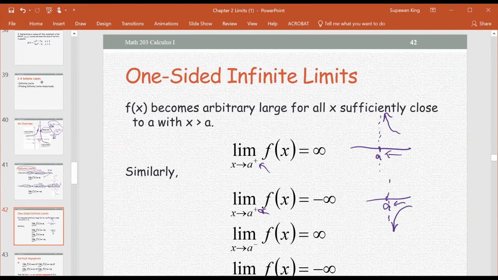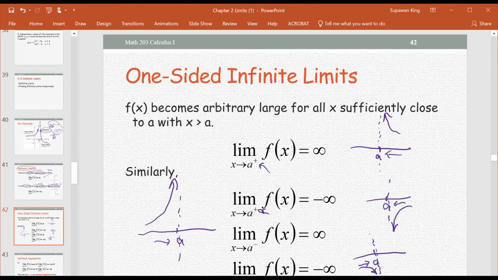And the third case, okay, x approaches a from the left, the y value approaching positive infinity, so the graph is going all the way up. And the last case, as x approaches a from the left, coming this way, and the y value is coming toward the bottom or keeps going downwards.